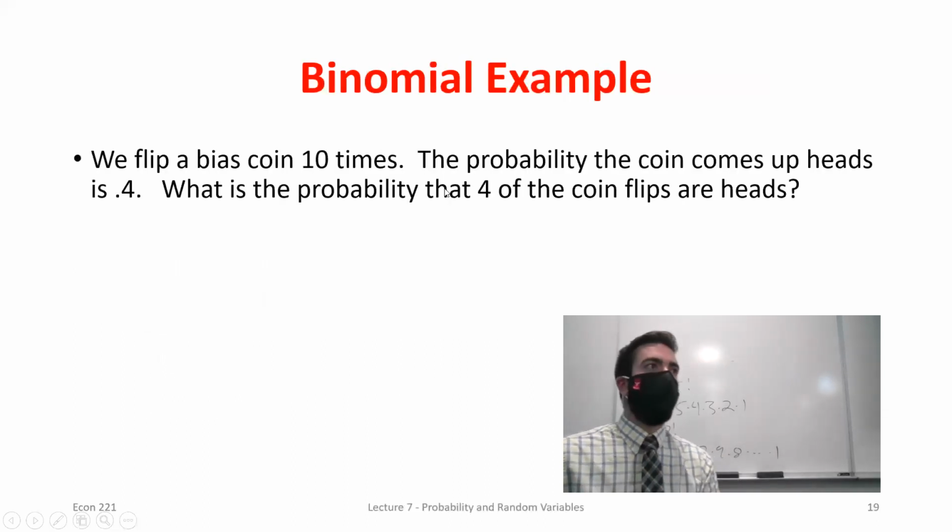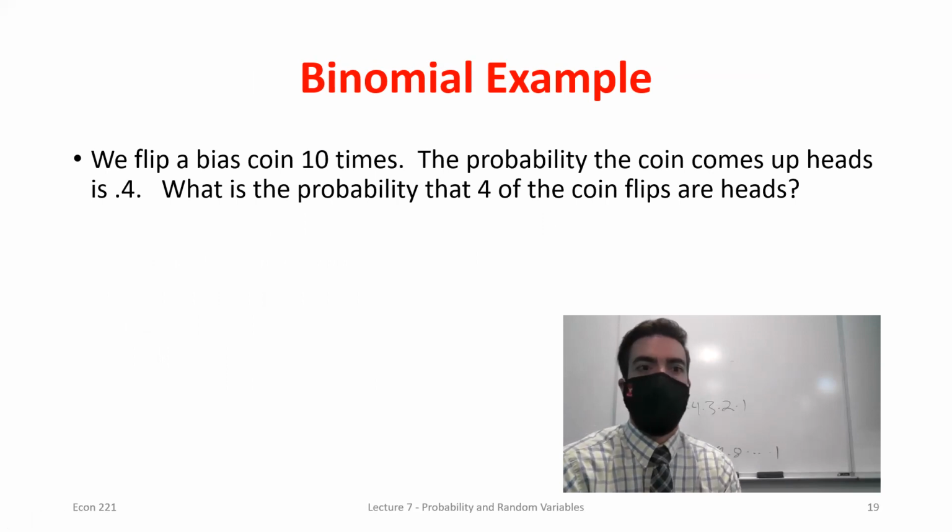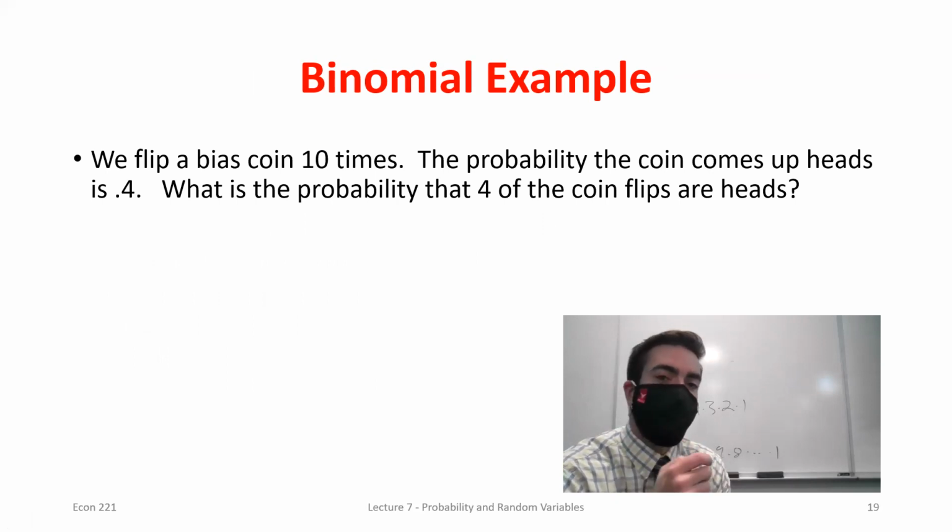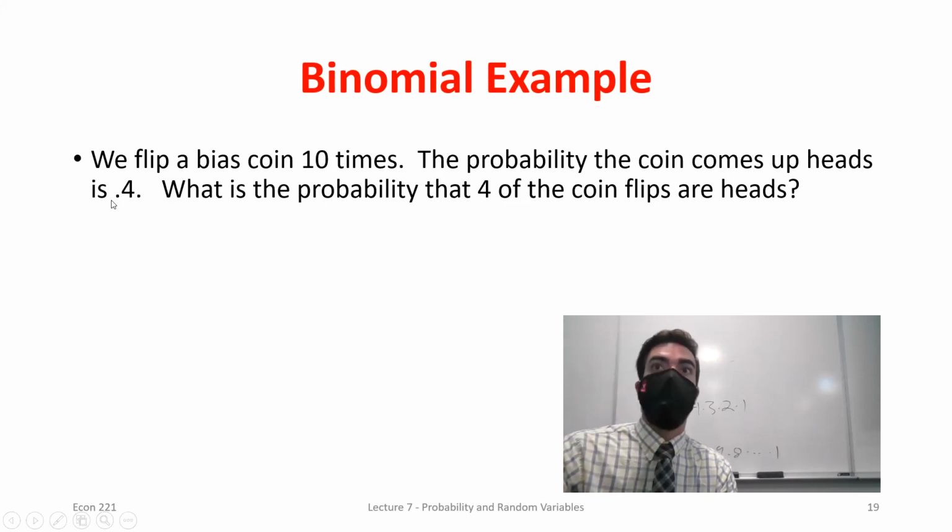So let's try to walk through a coin flip example, and then we'll start next class working through some more complicated ones. So let's say we have a coin, but now we know it's not a fair coin, it's biased. If I flip this coin 10 times, what's the probability that exactly 4 of them come up heads? This biased coin has a probability of heads that's not 0.5, it's 0.4.